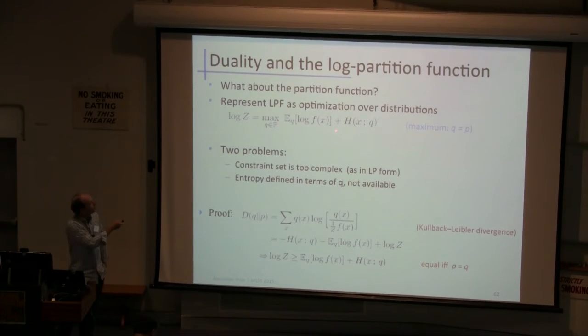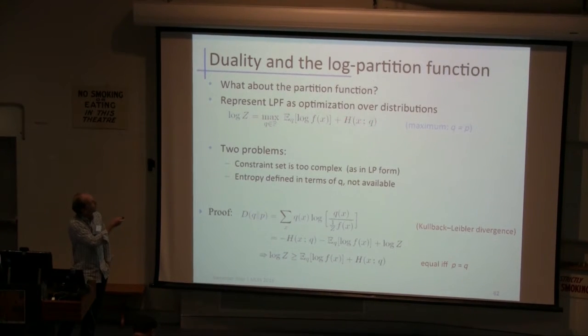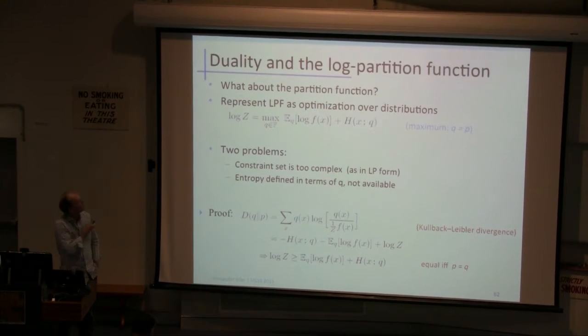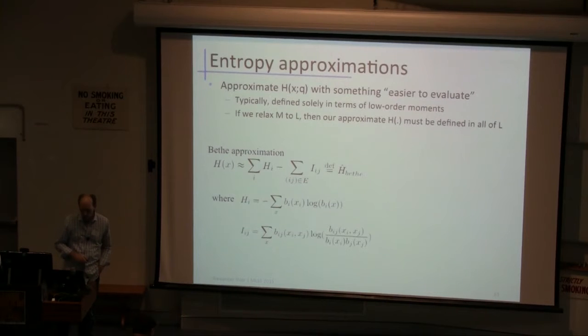So what we'll want to do is use our trick from before about breaking this part up into smaller components. And now we'll approximate H in some way that decomposes according to those smaller parts. So we'll typically substitute this entropy of Q with something that's easier to evaluate in terms of being defined only in terms of low-order moments, meaning probabilities of small cliques of the system.